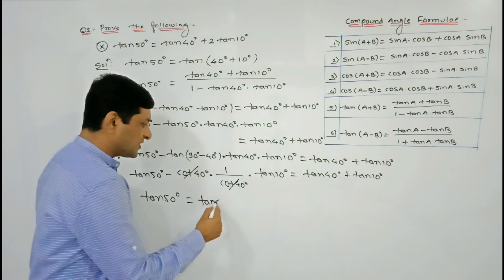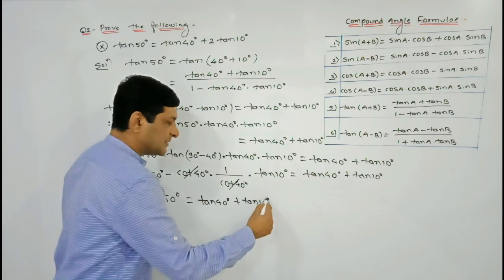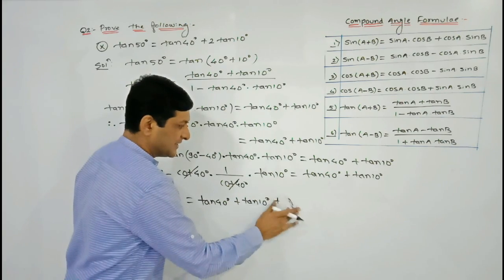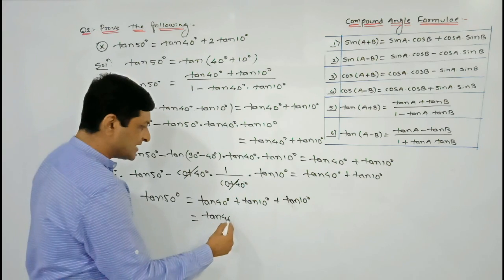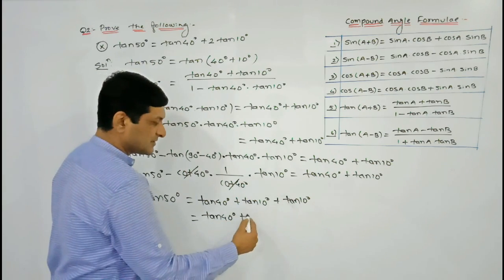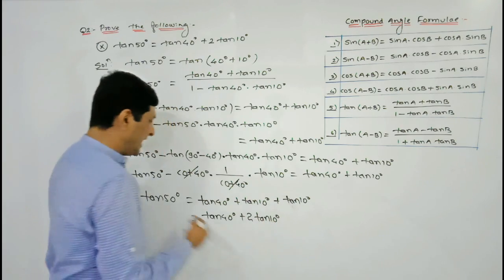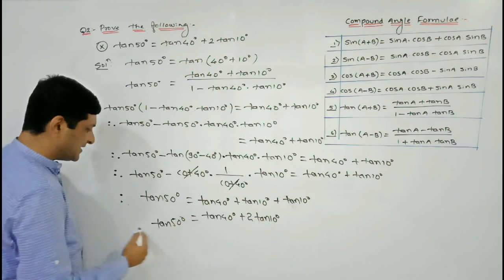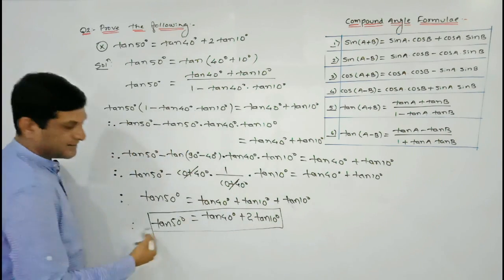So tan 40 degrees plus tan 10 degrees, keep it as it is, and this minus term on this side will become plus tan 10 degrees. So it is equal to tan 40 degrees as it is, tan 10 degrees plus tan 10 degrees will be twice tan 10 degrees, and keep this side tan 50 degrees as it is. In this way we have got our required result.